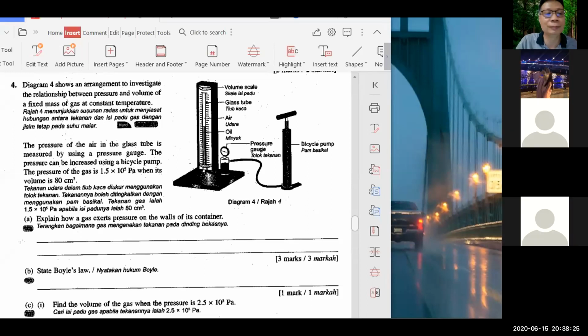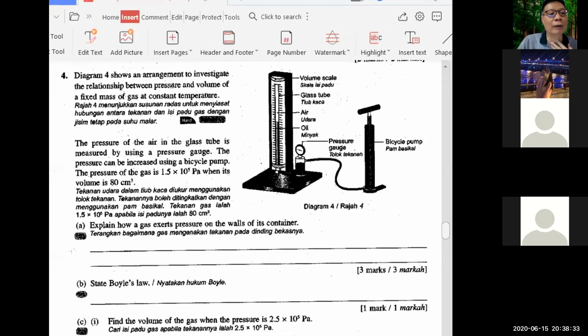Okay, come, read the question. The diagram shows an arrangement to investigate the relation between the pressure and volume. This one is Boyle's law, pressure and volume, a fixed mass of gas at constant temperature. The pressure of A in the glass tube is measured using a pressure gauge.